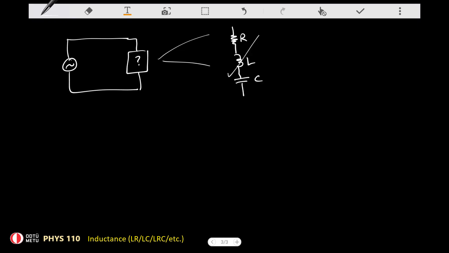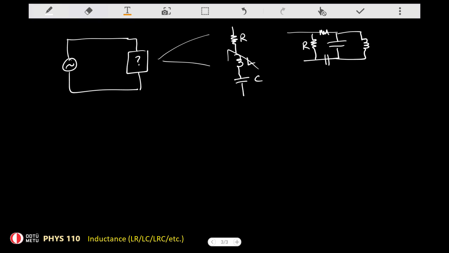Or instead of this, I might have a parallel connection of the resistor, a capacitor and an inductor, perhaps. Or we might have more complicated circuits, where there might be another resistor in here and a capacitor in here and so on. In any case, that would be a very complicated AC circuit.